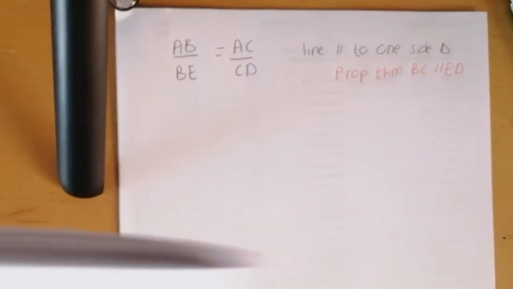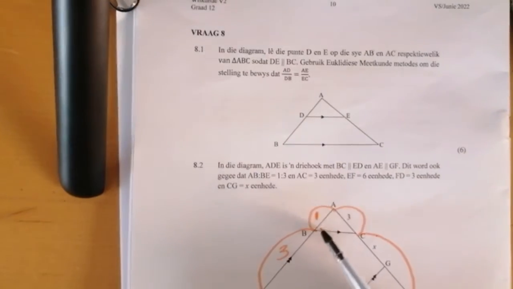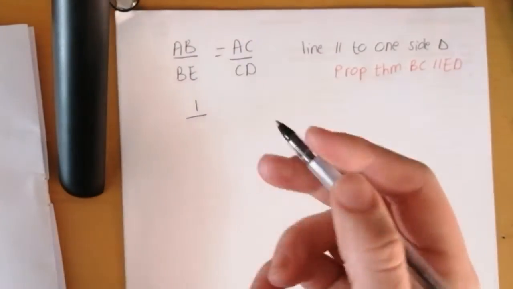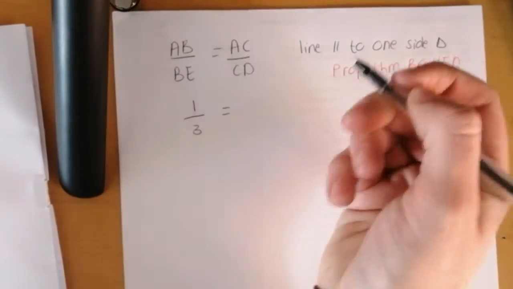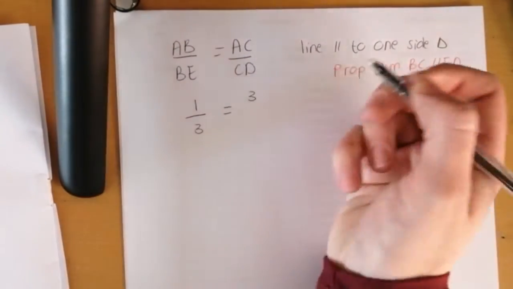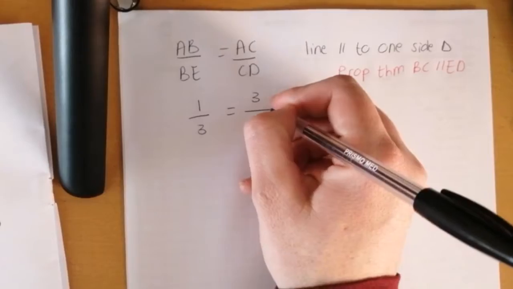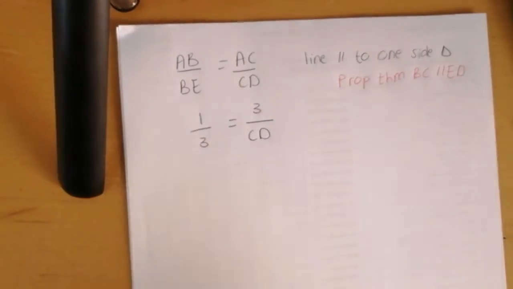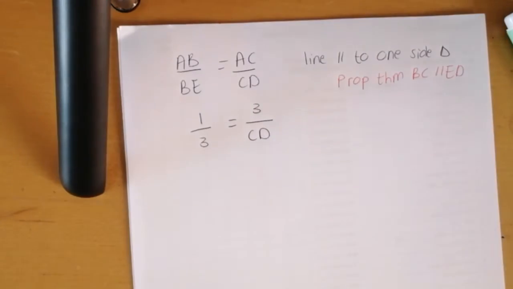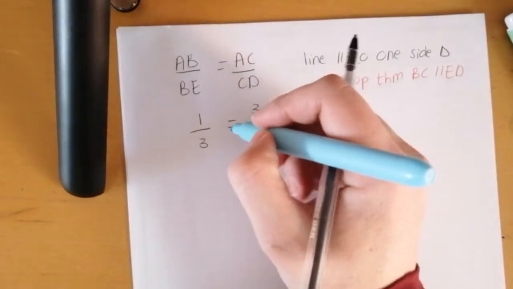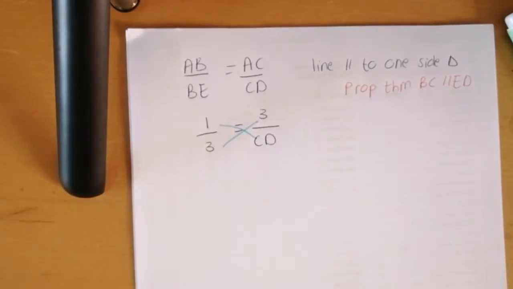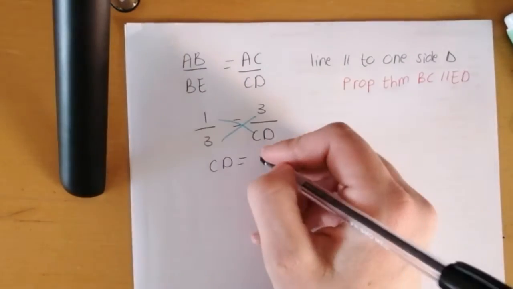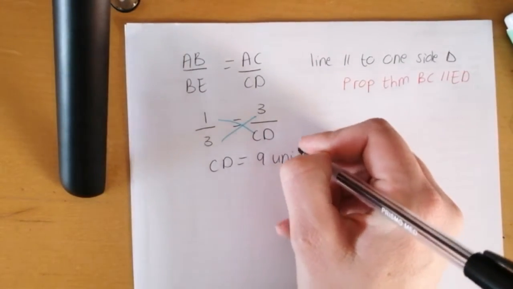Now, AB in our diagram is 1, over BE is 3, equal to AC, which is also given as 3 units, over CD, which is what we want to calculate. Now, obviously, when we do this, we can cross multiply. In other words, I have CD equals 3 times 3, which is equal to 9 units.